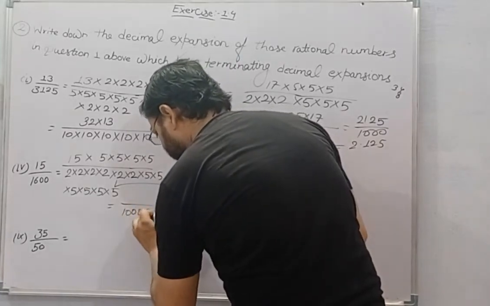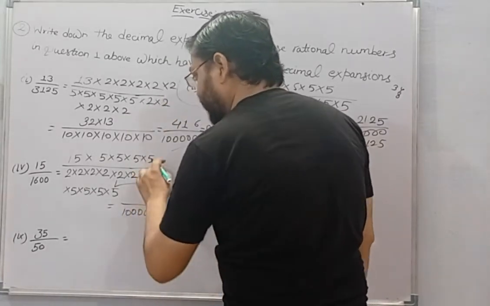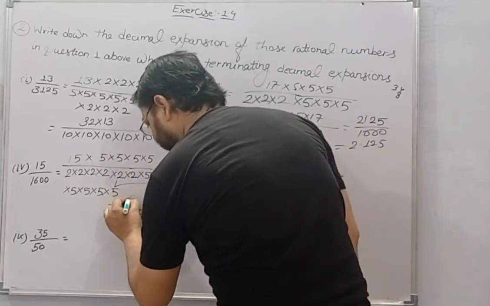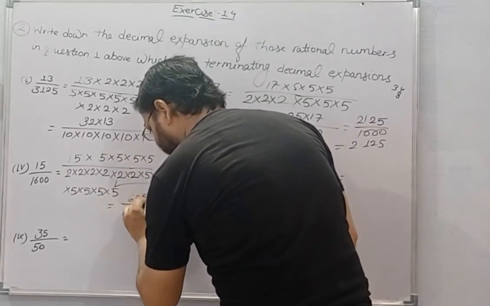Into 100. For this, 5 to the power 4 is 625, into 15.